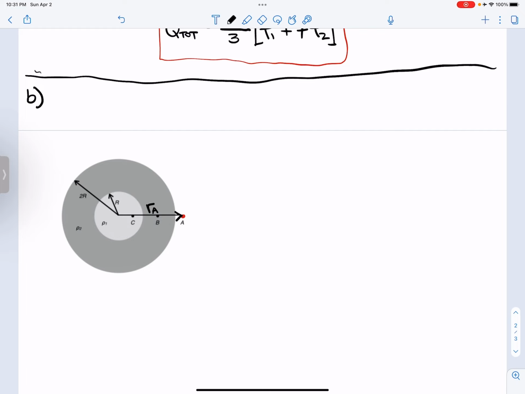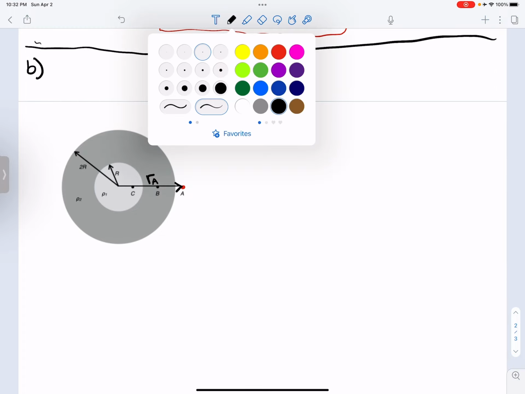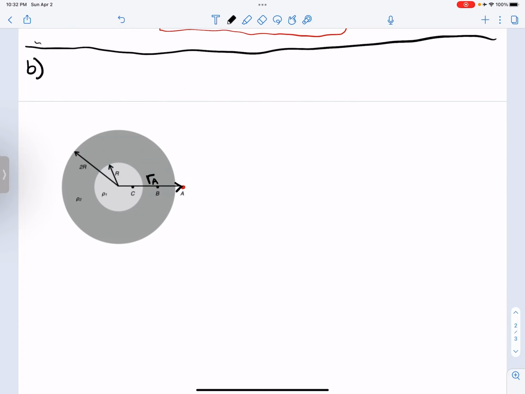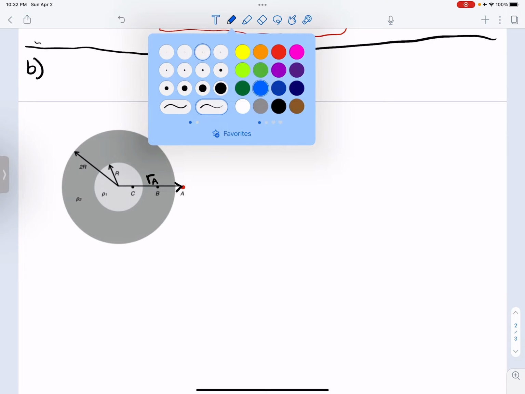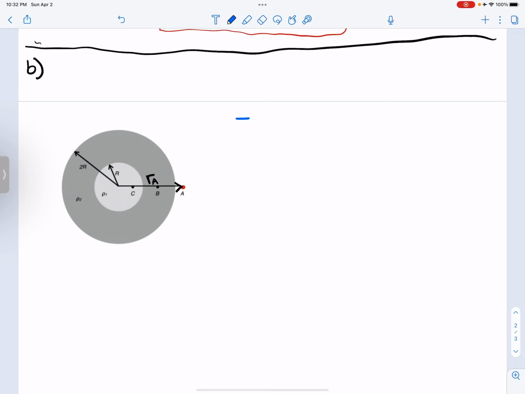And so to do that, I'm going to use the formula for electric flux. Actually, I'll write that in blue because I like to write my formulas that I think you should have in your cheat sheet in blue.